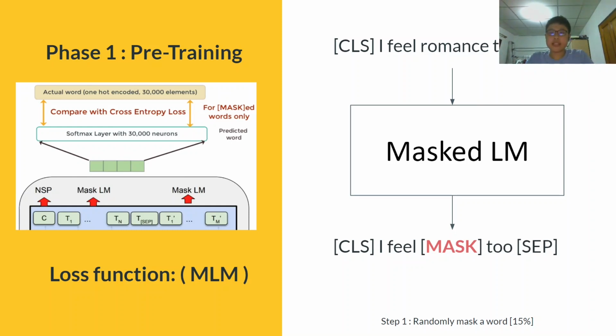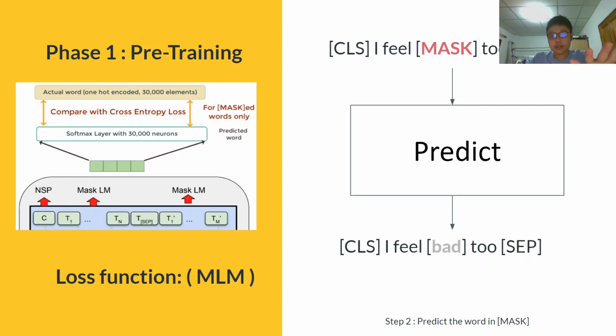The analogy is just like hiding that word, so the model tries to fill in the blank. In this case, the model thinks the word may be bad, because it has a probability of being bad, which is totally wrong here.